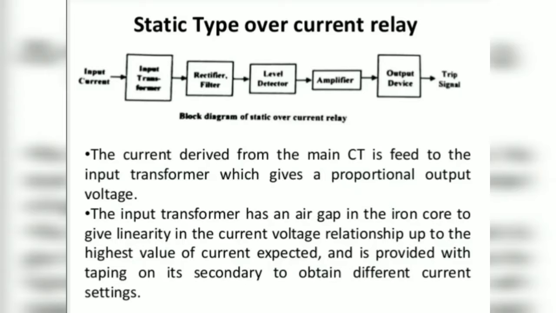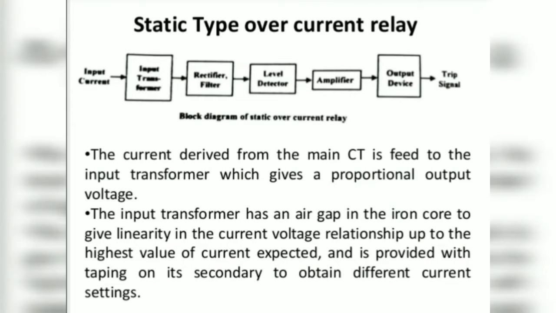So all the parts of the static overcurrent relay have different functions. Likewise, the current from the current transformer is fed to the input transformer, which gives a proportional output voltage.